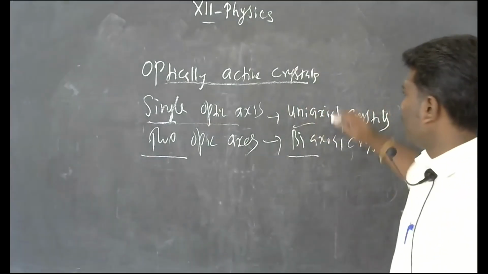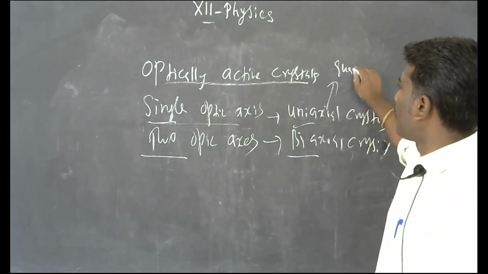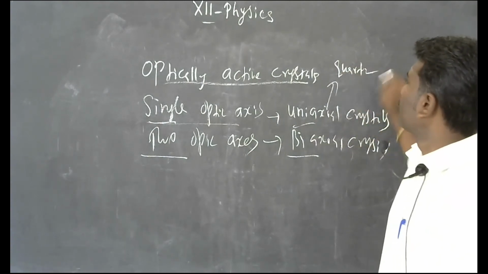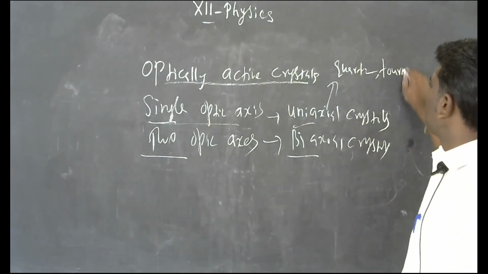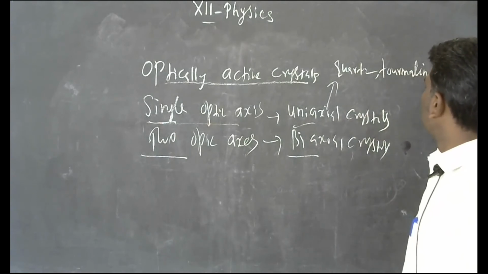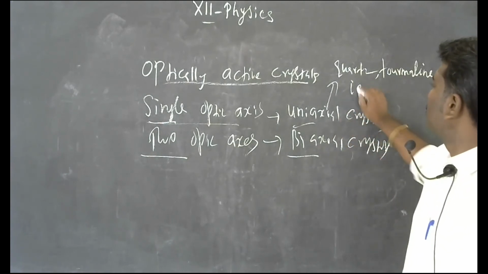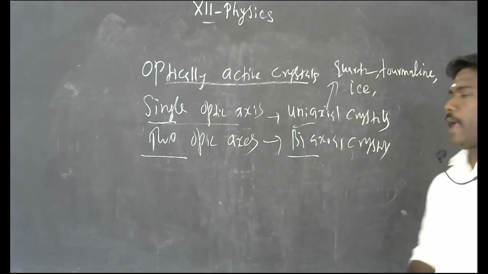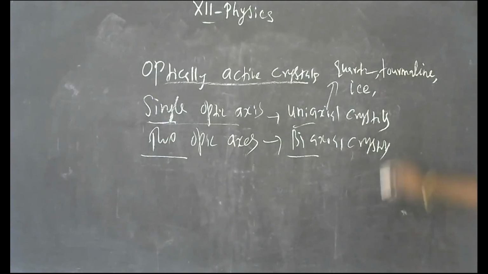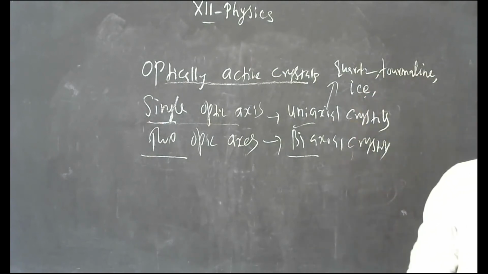For uniaxial crystal, in your textbook they have mentioned some examples: the first one is quartz, and tourmaline, ice. These are the examples related to the uniaxial crystal: quartz, tourmaline, ice.